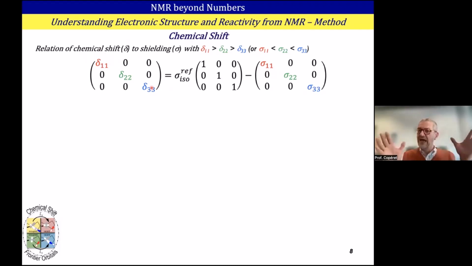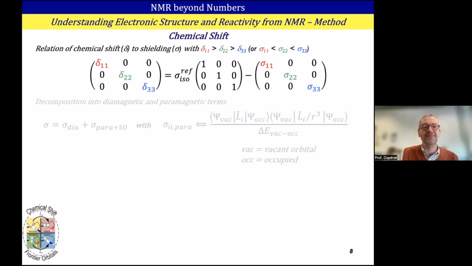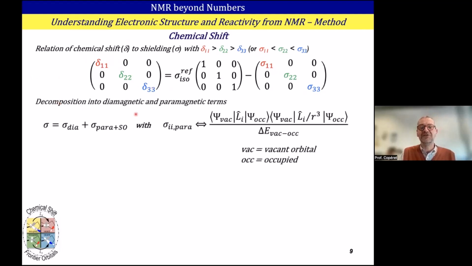So why do we have this very large anisotropy in the case of carbon, while we never discuss that in the case of proton? Well, because in the case of proton, you have only s orbital, and what turned out to be very important is the electron distribution around the nuclei. If you look at the Ramsey equation, you can divide the chemical shift into two parts.